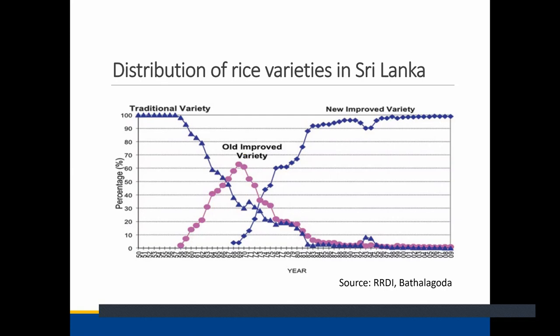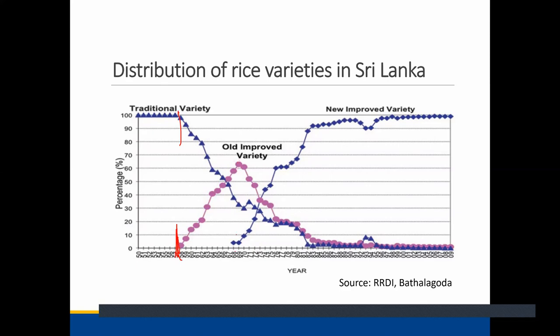But this graph is very useful. In one picture you can see the milestones of rice improvement. The extent of traditional varieties went down, and then they started working on old improved varieties, which were picking up.